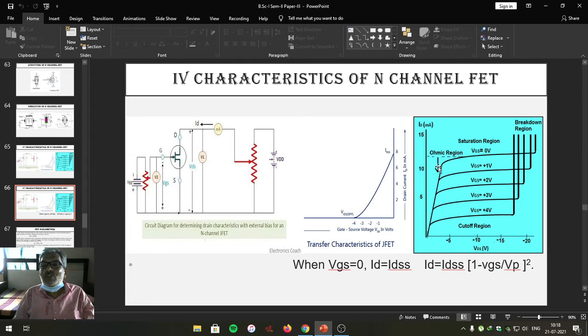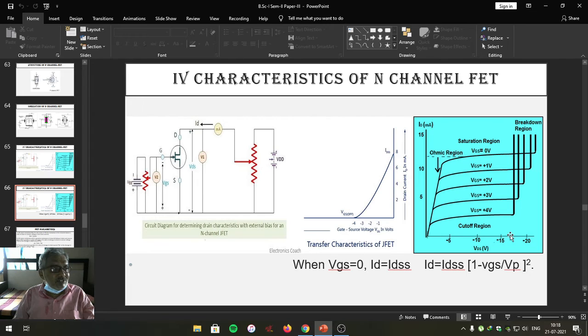Hence, it obeys Ohm's law. So that's why we can call this region the ohmic region. After the ohmic region, even though VDS is increased, ID almost remains constant. This is the region known as the saturation region, where ID is maximum.